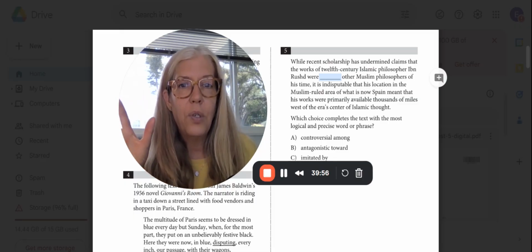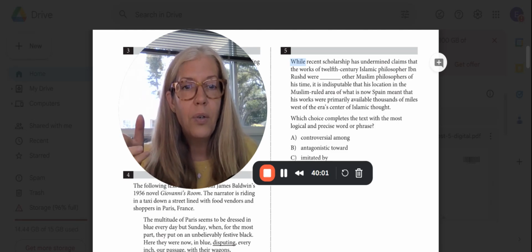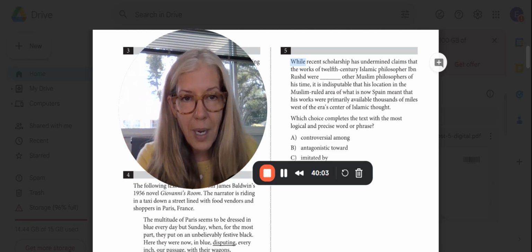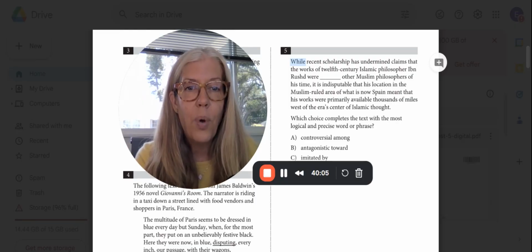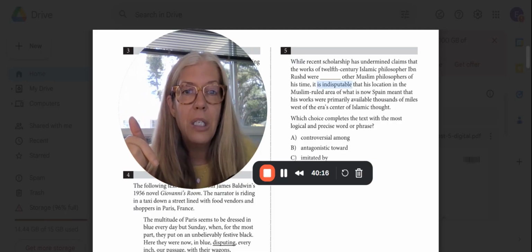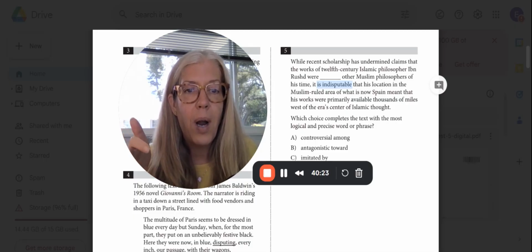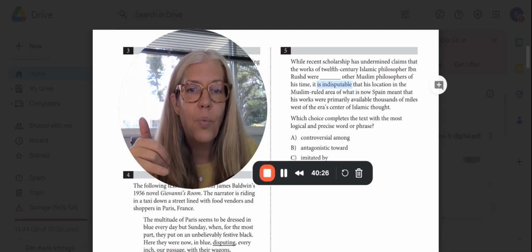Okay, so it starts off with the "while." So this gives us the front half of the information. While recent scholarship has undermined claims that the works of 12th century Islamic philosopher Ibn Rushd were something with other Muslim philosophers of his time, now, here's our shift, it is indisputable that his location in the Muslim-ruled area of what is now Spain meant that his works were primarily available thousands of miles west of the era's center of Islamic thought.